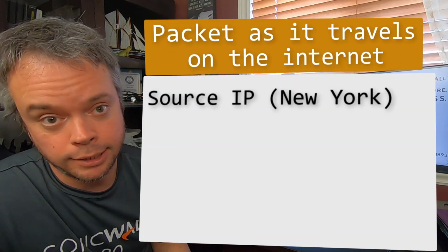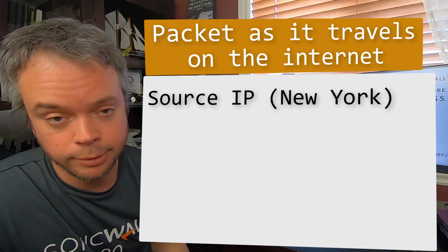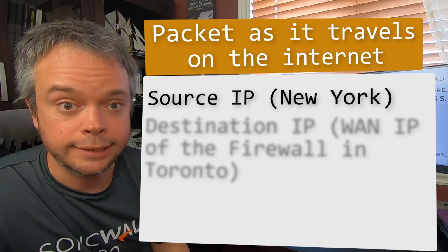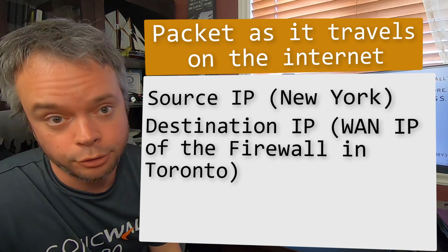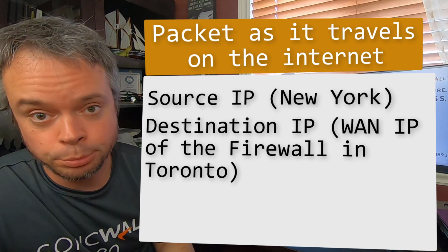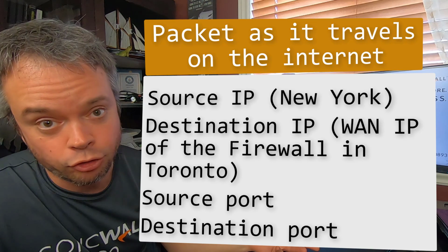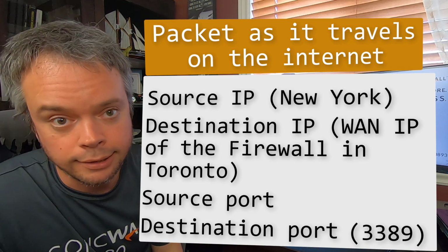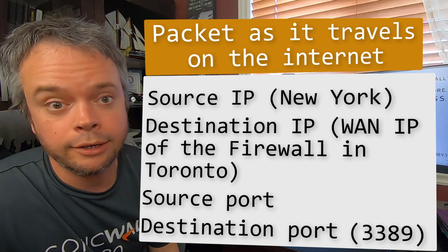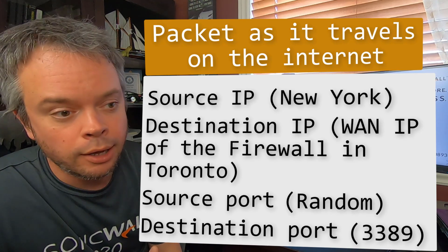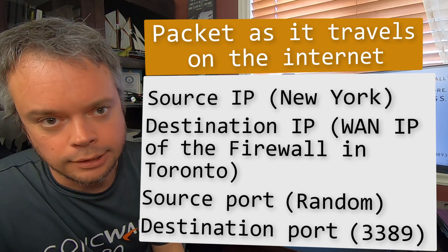So that packet will have a source IP, which will be the laptop in New York, a destination IP, which will be your firewall in Toronto, a source port, and a destination port. If you do remote desktop, the destination port is 3389. The source port will usually be a random port, usually over 20,000, I would say.